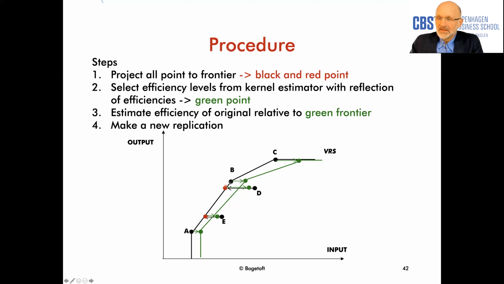This random picking of inefficiencies will give me these green points here, a green one here, a green one here, a green one here, a green one here, a green one here.